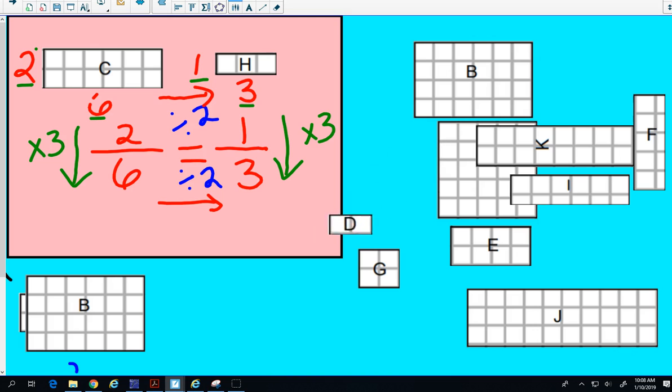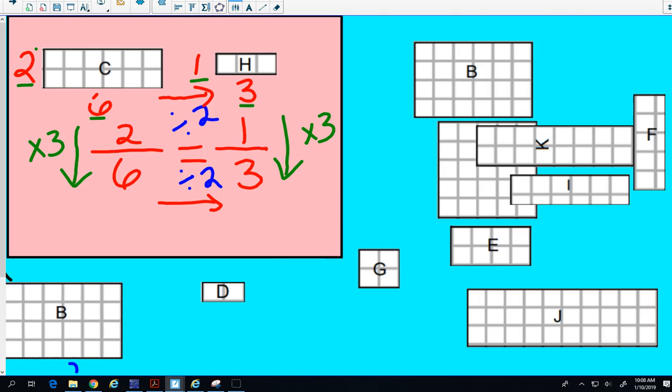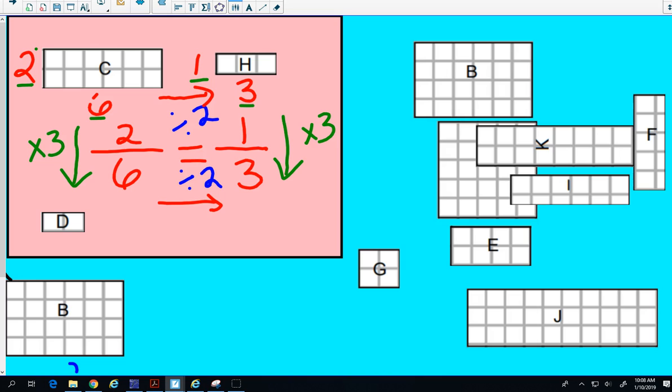So you're going to do D next. Figure out which one goes with D. So be looking for the match that goes with D. Did you guys find it? What is it?